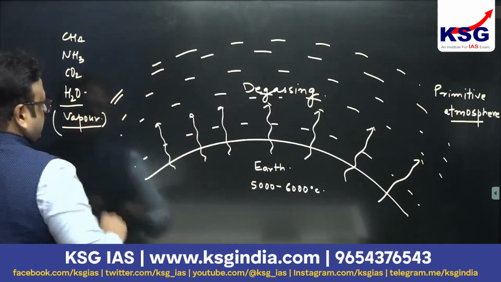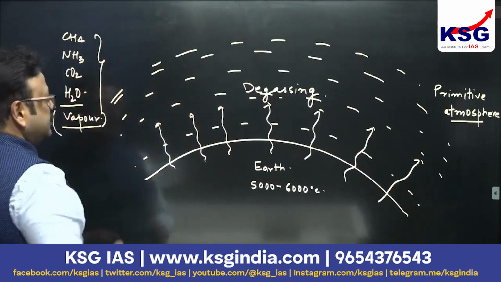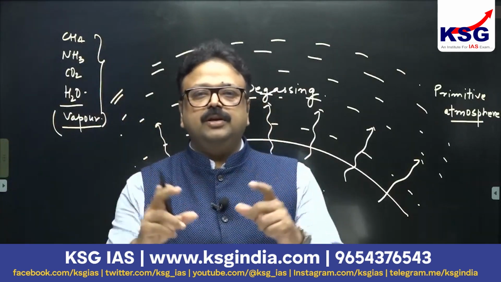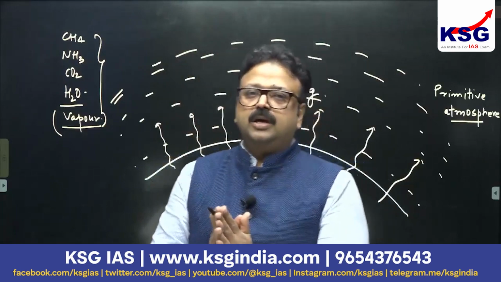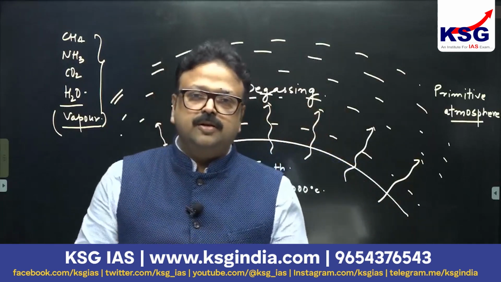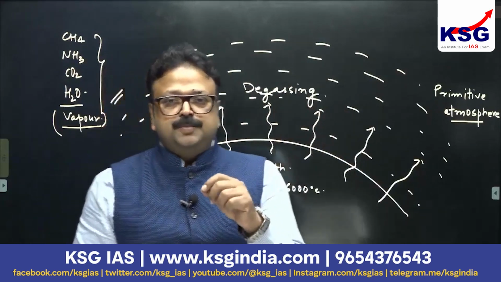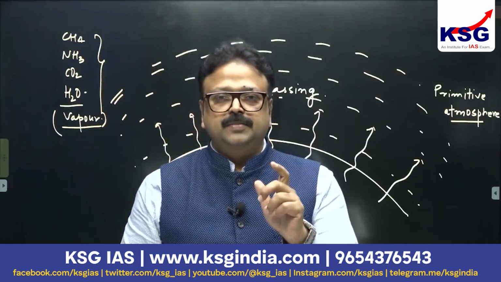So what happened after degassing? This primitive atmosphere was formed, and it had the protective covering of the magnetosphere. Now the solar storms were no longer sufficient to strip off this primitive atmosphere. That means this primitive atmosphere got sustenance on the Earth.